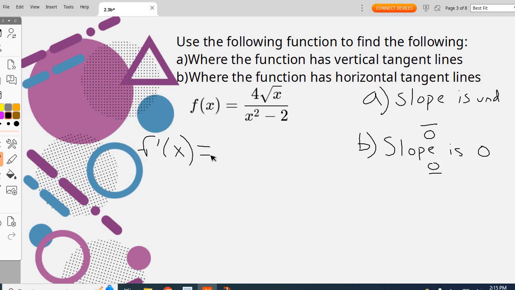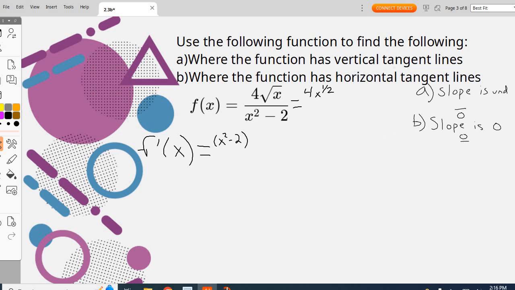So remember that we have the bottom times the derivative of the top. Well, remember that we could rewrite this as 4x to the 1/2. So what is the derivative of our top? To the negative 1/2 plus.